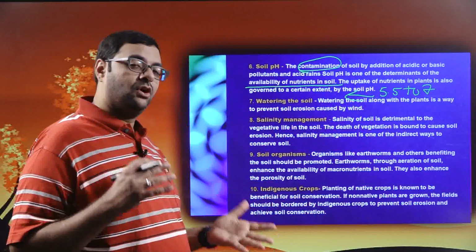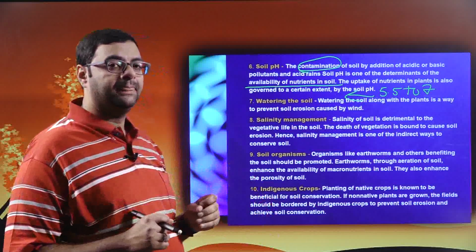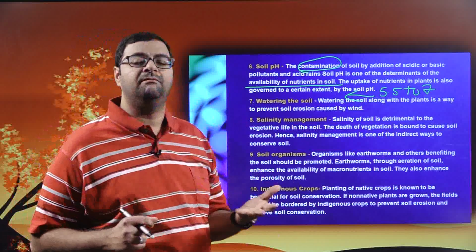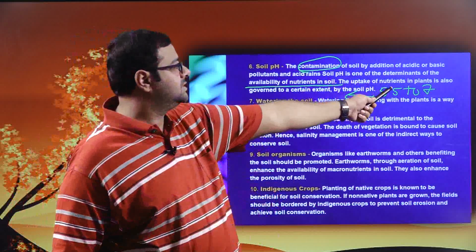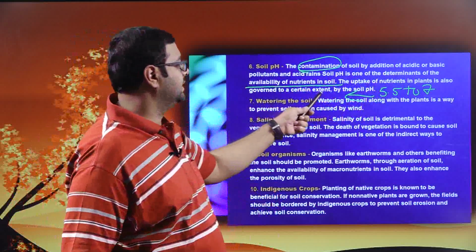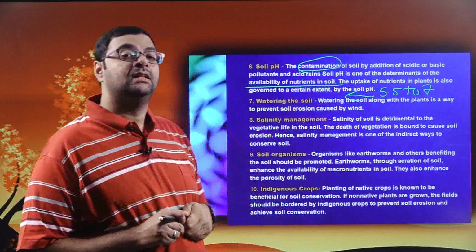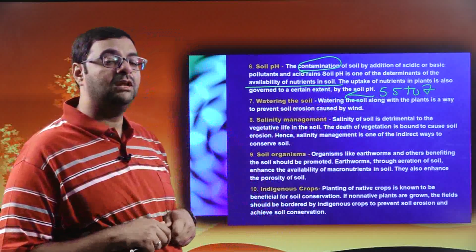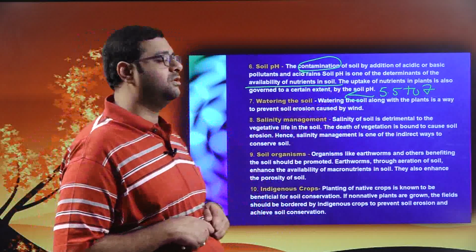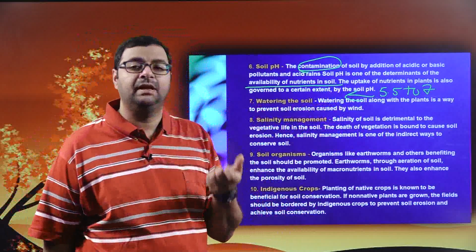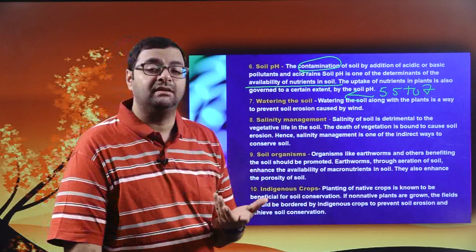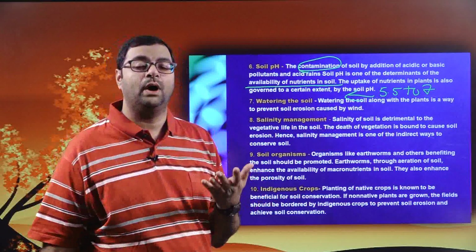So, if the soil pH is varying like that, then the yield of the crop will be reduced. Why? The uptake of nutrients in plants is also governed to a certain extent by the soil pH. If the soil pH is less than 5.5 or greater than 7, the nutrient uptake is going to be affected. Why?